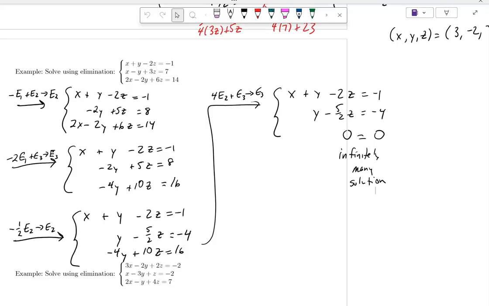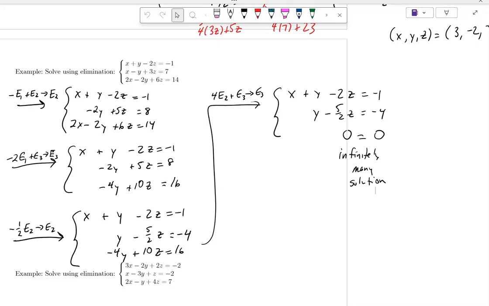We eliminated the x's below it, got the y, eliminated the y's below it. When we got to that point, there weren't any z's, and we got 0 equals 0. Is 0 equals 0 a true statement or a false statement? It's true, so that's telling us we have infinitely many solutions.